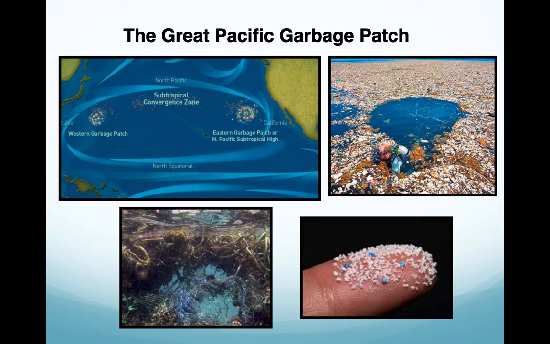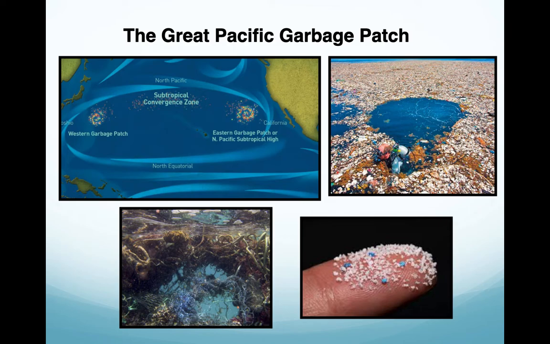Now the other problem that exists is plastics do not naturally break down into substances that are going to be absorbed by nature, if you want to think of it that way. They create, if you look at the lower right-hand picture there, what's called a microplastic. Those plastics just keep breaking down into smaller particles until they're ingested by animals, which can kill them.